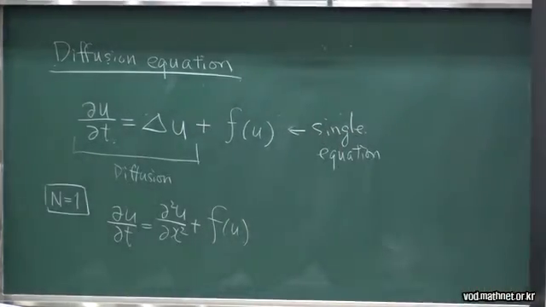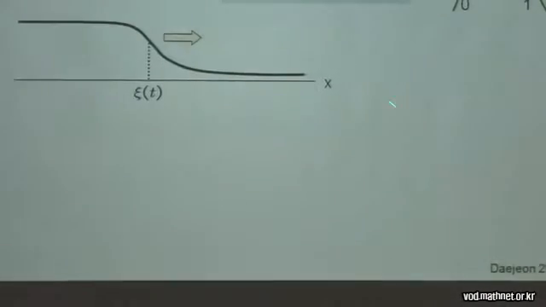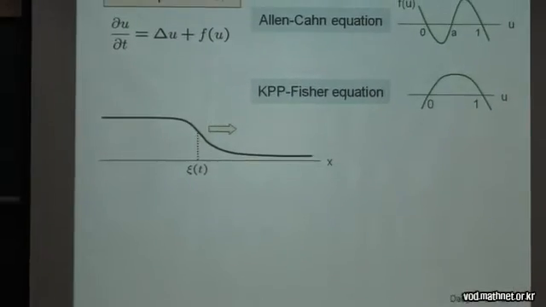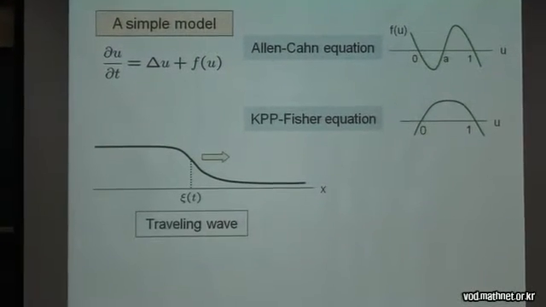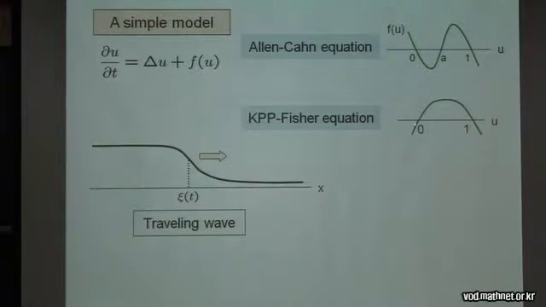And then you can show that there is a special solution for this equation called a traveling wave. By the way, I will mainly focus on the KPP-Fisher type equation, but I will also mention the Allen-Cahn type equation, the bistable equation.